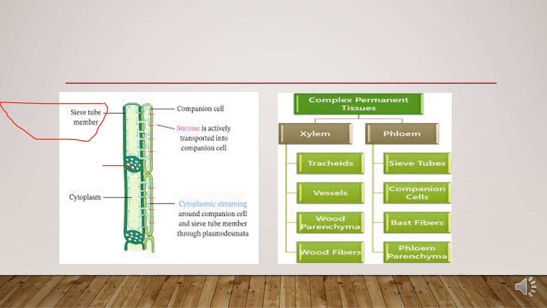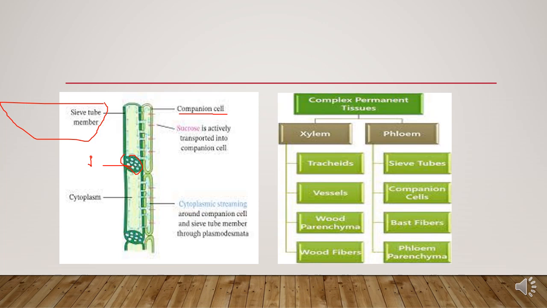It has the sieve plates and also the sieve pores. The whole structure are the sieve pores, and this rounded structure here is what we call the sieve plate. But it also has one major thing, known as the companion cell. The companion cell helps food move from one part of the sieve tube to another through the sieve pores and the sieve plates.